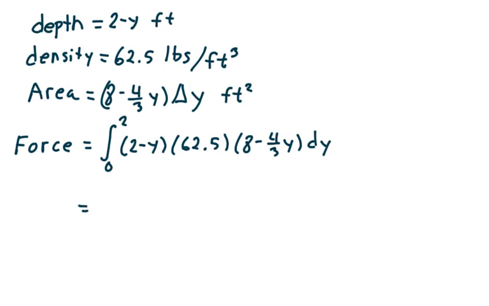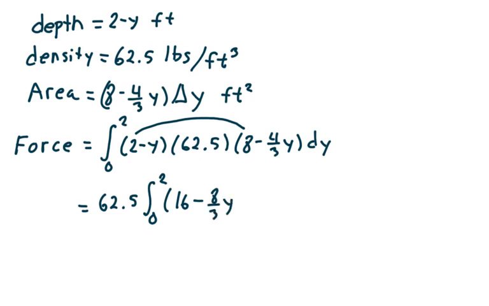So I'm going to take the 62.5 out, and I'm going to integrate from 0 to 2, and then I'm going to take 2 times 8, which is 16, minus 8/3 y, minus 8y, plus 4/3 y squared dy.